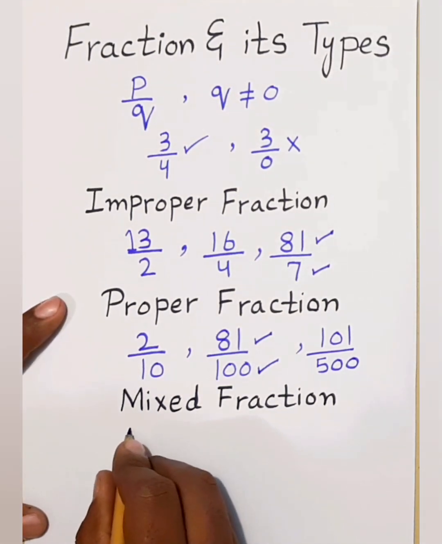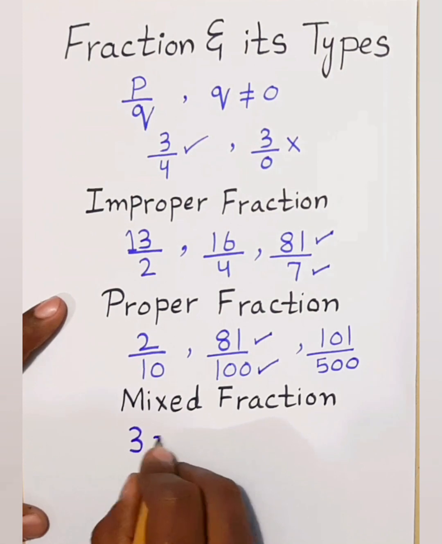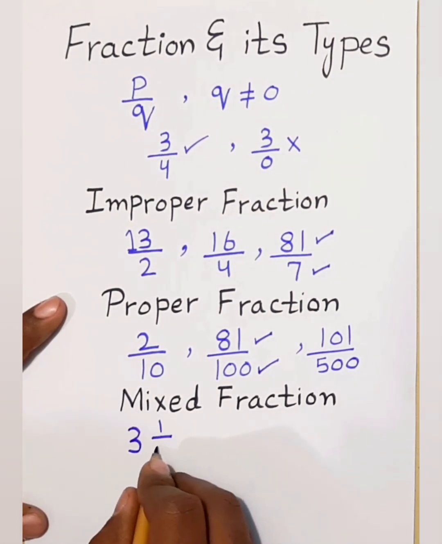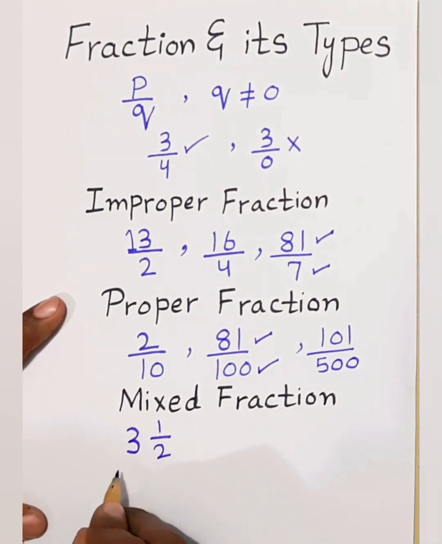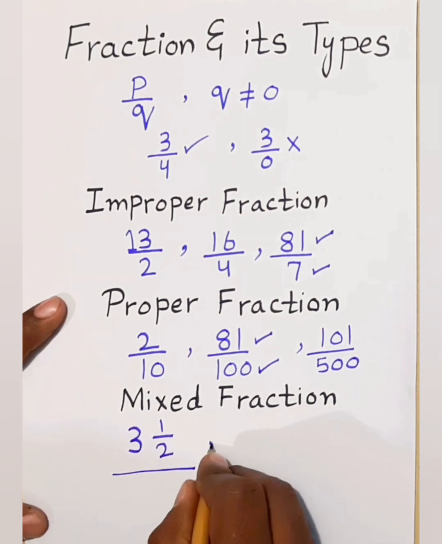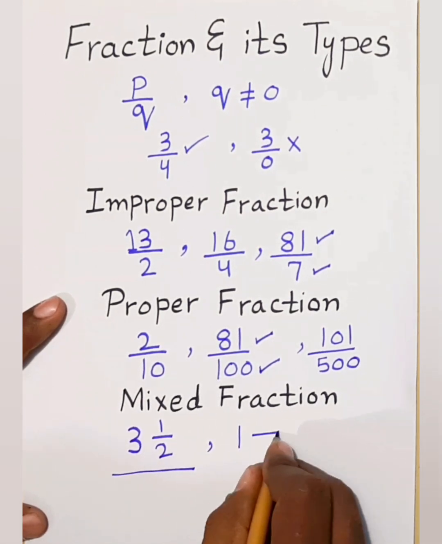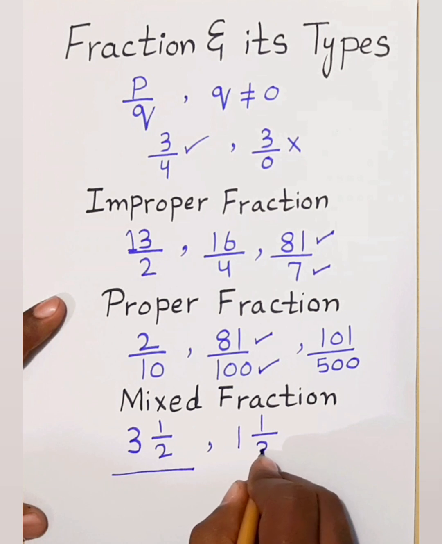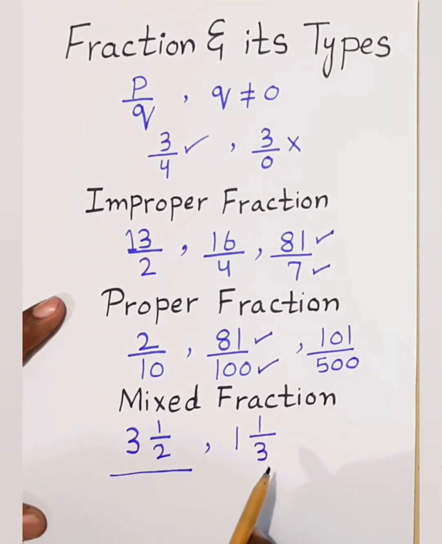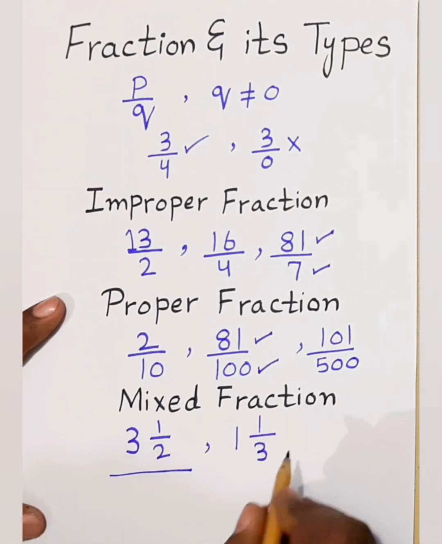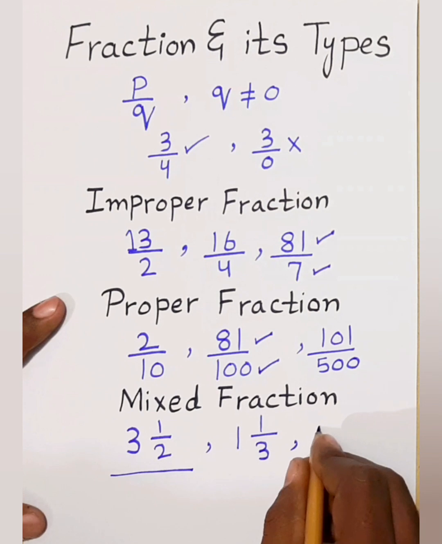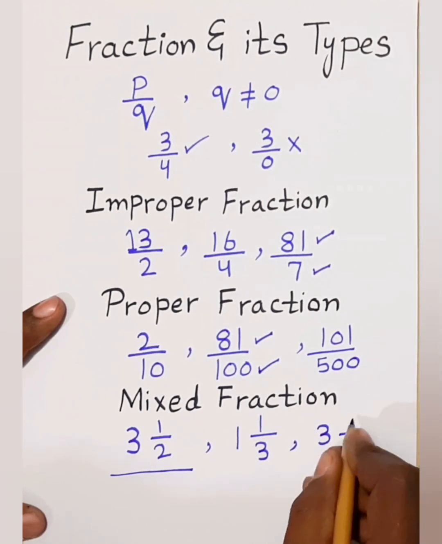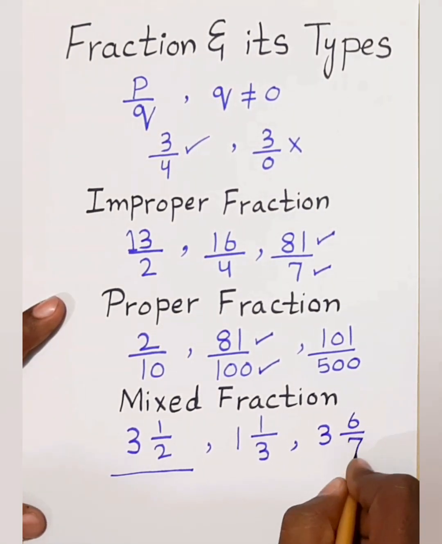For example, if we write a 3 here and inside we write 1 upon 2, you can see this is a mixed fraction. Again, one more example, 1 whole 1 upon 3. This is also a mixed fraction because we have first 1 here and there is a fraction like 1 upon 3. Another example, 3 whole 6 upon 7.